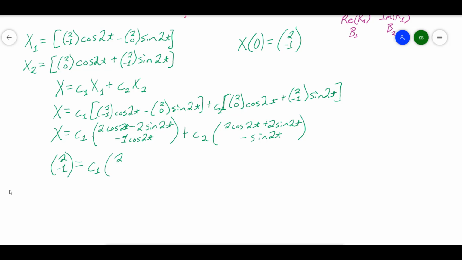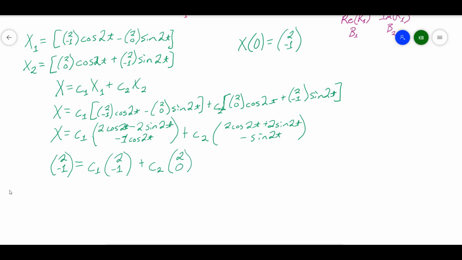Cosine of 2 times 0 is cosine of 0, which is 1, so -1 is our second entry there. And then we have c2, and again we do the same thing. 2 times 0 is 0, cosine of 0 is 1, 2 times 1 is 2. 2 times 0 is 0, sine of 0 is 0, so we don't have to worry about that. And again, 2 times 0 is 0, sine of 0 is 0, so our second entry is 0 in this case.